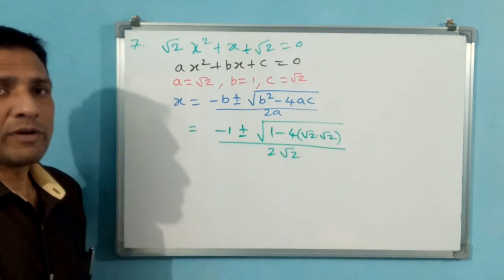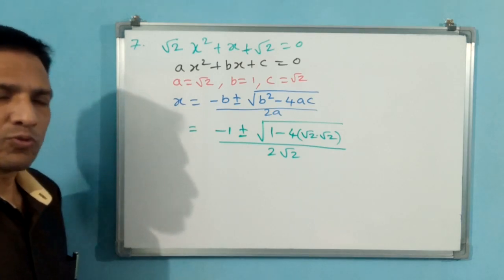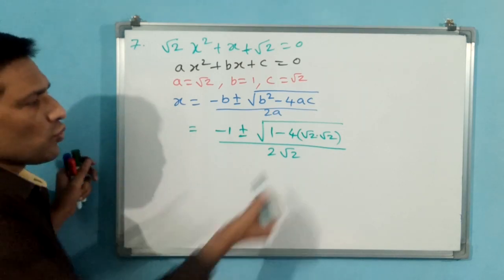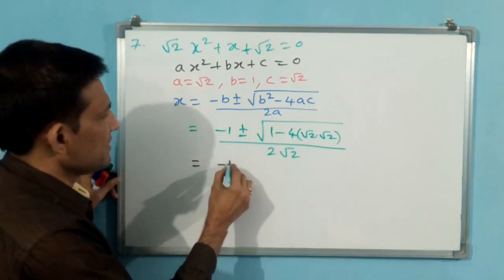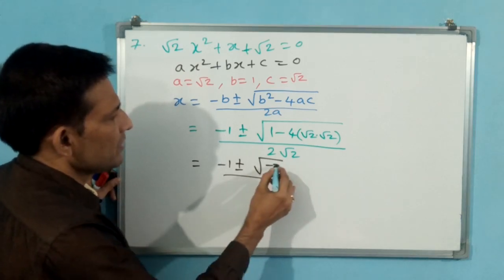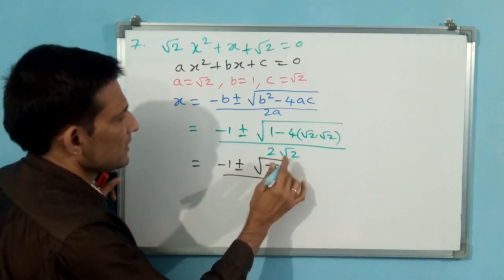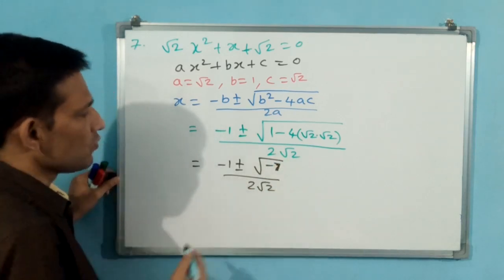Root 2 into root 2 will be 2. Root 2 square is 2. 2 into 4, 8. 1 minus 8, minus 7. Minus 1 plus or minus square root of minus 7 by 2 root 2.